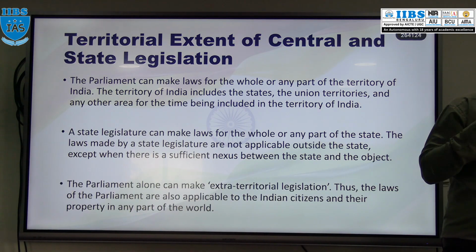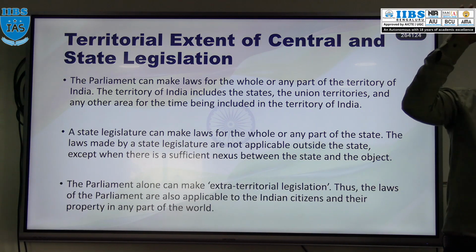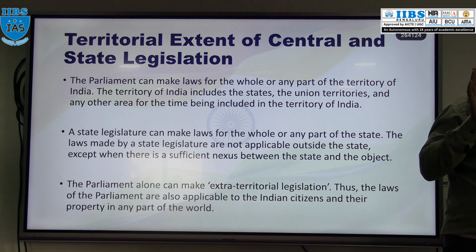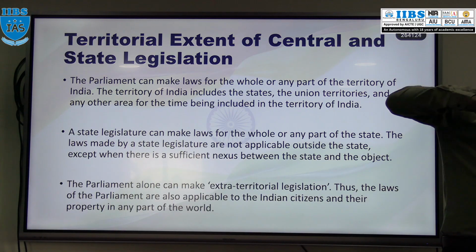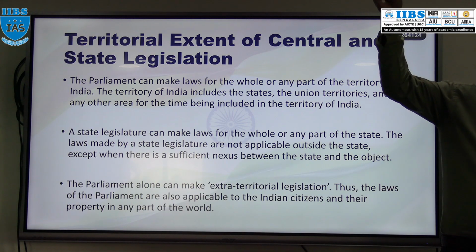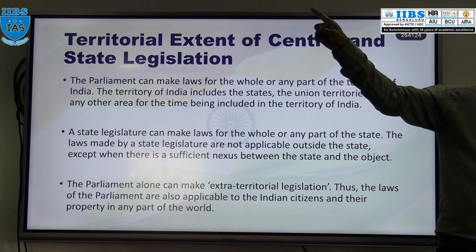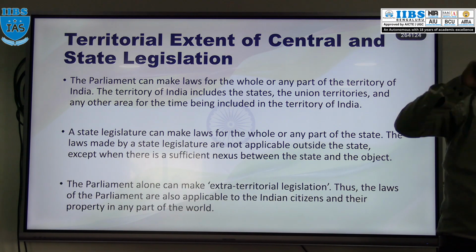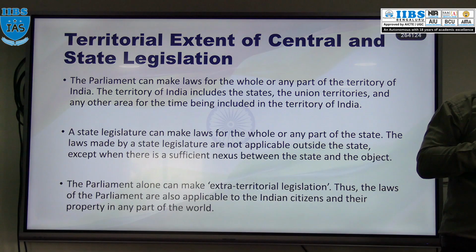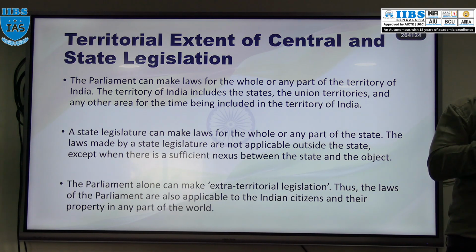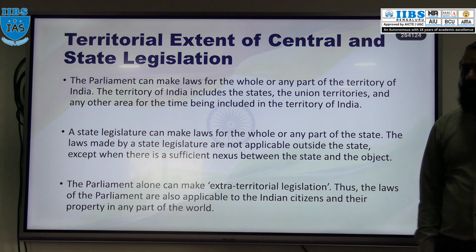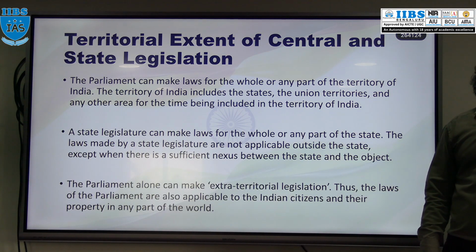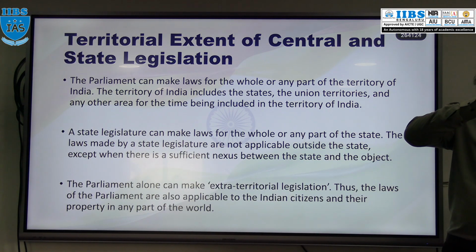If a law is made by the Karnataka state, and a resident of Karnataka is residing in Andhra Pradesh, the law made by Karnataka is applicable to that person who is a resident of Karnataka but residing in Andhra Pradesh, but only to that individual, not each and everyone. Very rare cases actually. Got it? Okay, so in that case only. So this is about the legislative relationship between the center and state.